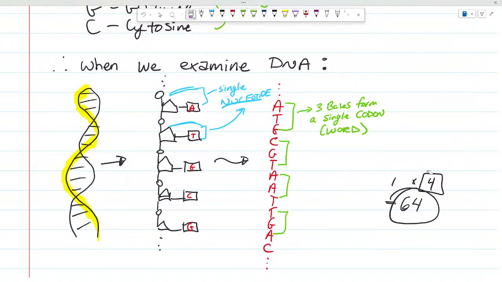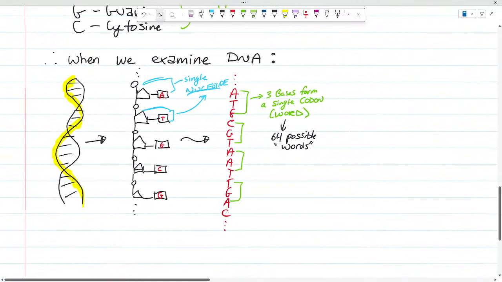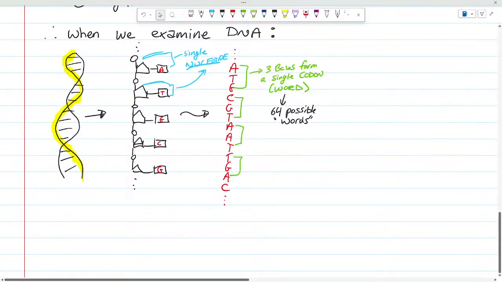So there's 64 possible words, which is actually more than you need because... Does anyone know what your DNA actually codes for? We say that it's blueprints, but what's it blueprints to?